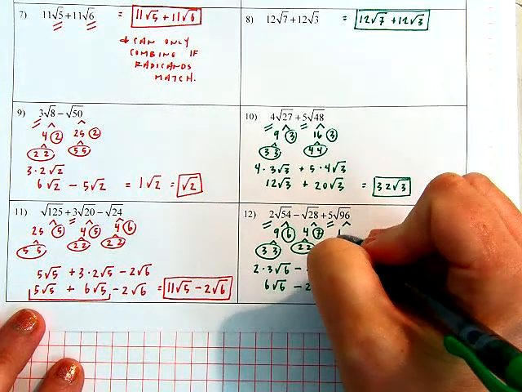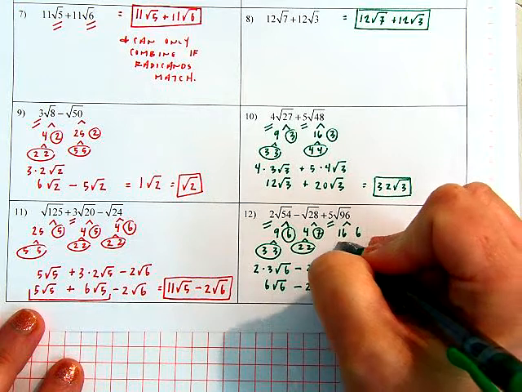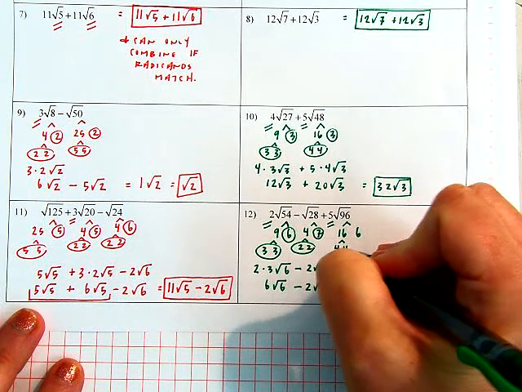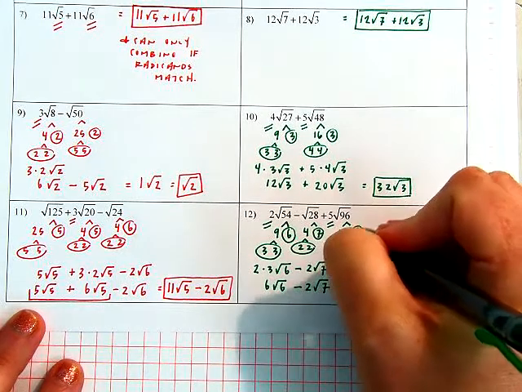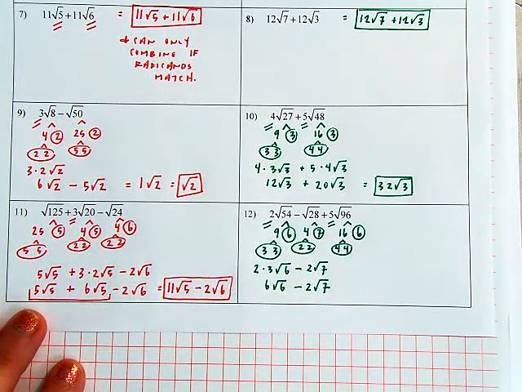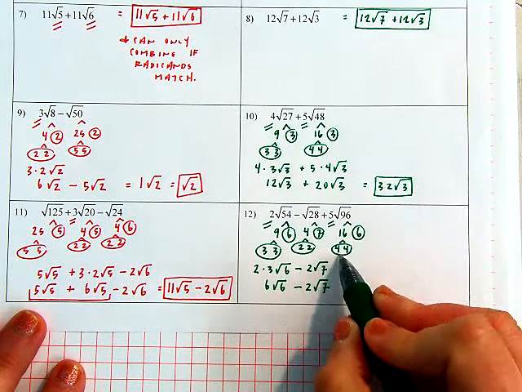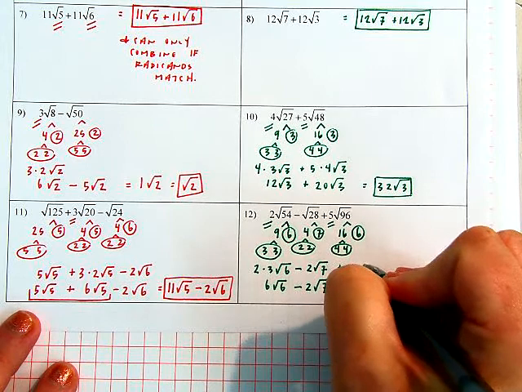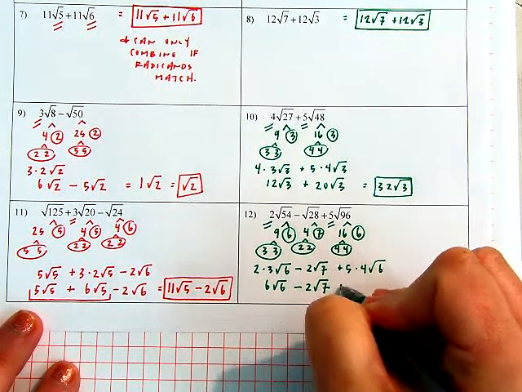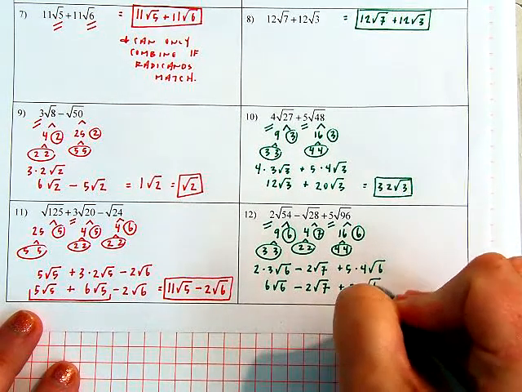So 96 is 16 times 6. That 16 will give me a pair of 4's. And again, I know that there's no pair in 6, so I'm going to stop there, dead end right there at the 6. So I have 5 times 4 square root 6, which is 20 square root 6.